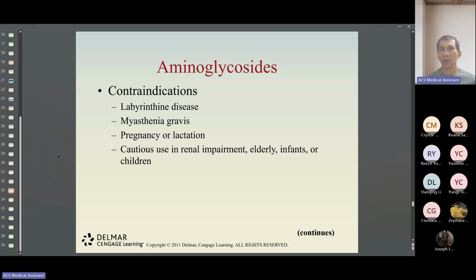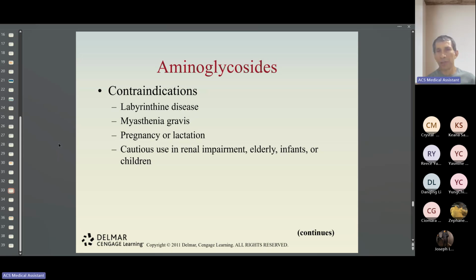Aminoglycosides, now these are medications that definitely we need to be very worried about: kidney problems, pregnancy, people who have problems with hearing, vertigo, myasthenia gravis. This is a condition where you have paralyzed muscles and so on and so forth.